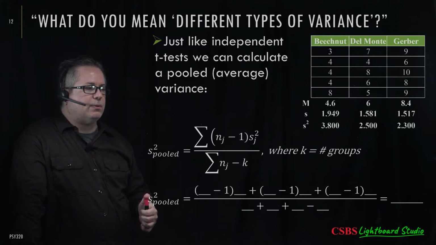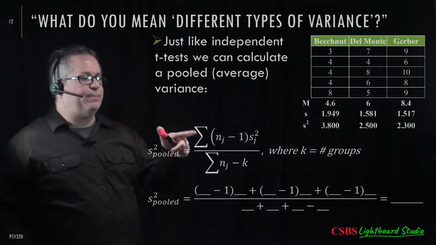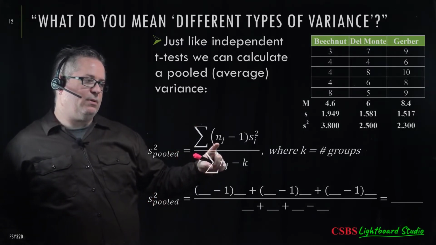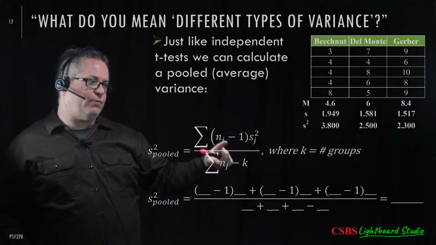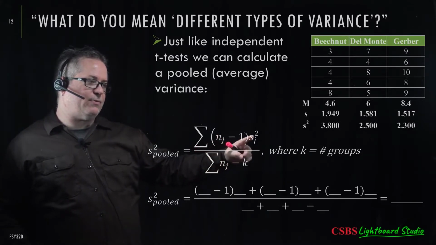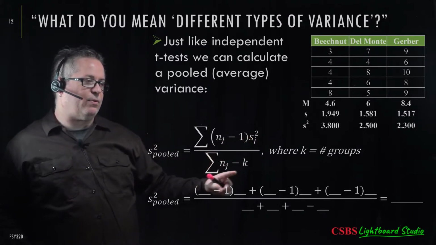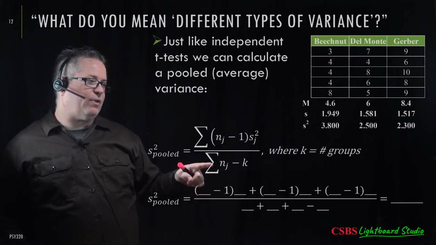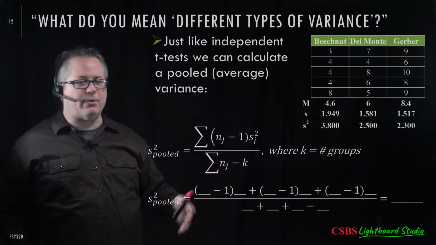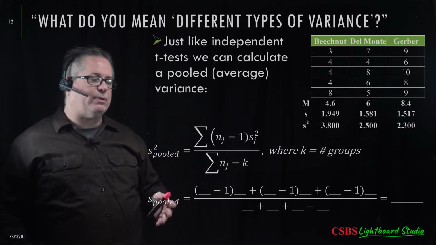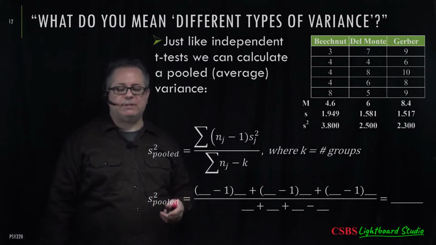So what this says is I'm going to sum all the n's for each group minus 1, so degrees of freedom for each group, times the variance of each group. And then I'm going to divide that by the sum of all the degrees of freedom. So I'm going to sum up all the n's, and I'm going to subtract k. We haven't talked about k before, because we were only really talking about one or two groups when we talked about t-tests.